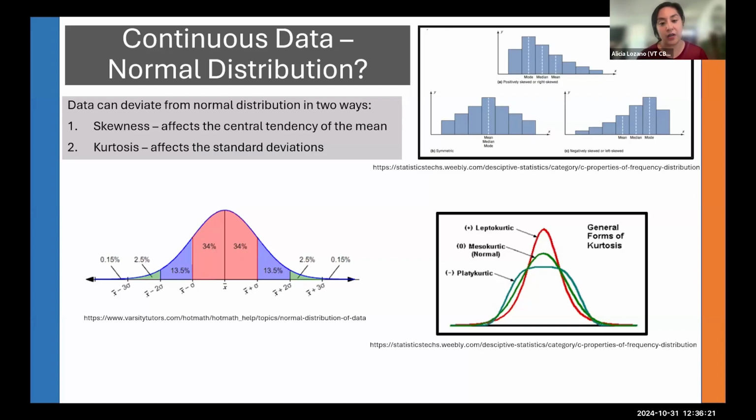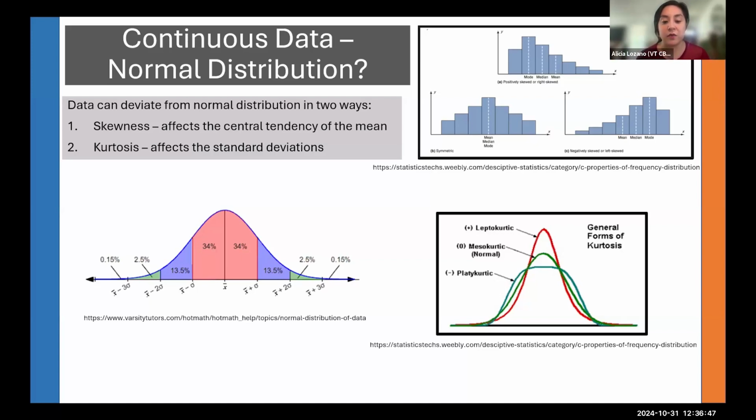Your mesokurtic distributions are normal with moderate tails. Your leptokurtic, which is the red here, have heavy tails with a sharper peak, meaning you have more extreme values, making it a bit skinnier. Then you have your platykurtic distributions, which have lighter tails and a flatter peak, indicating that you have fewer extreme values, so it's a lot more wide.